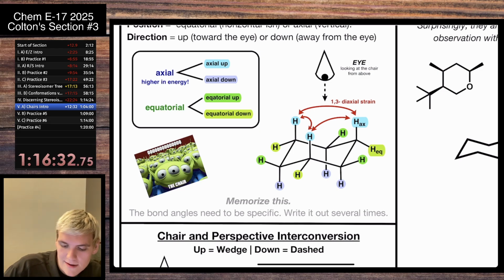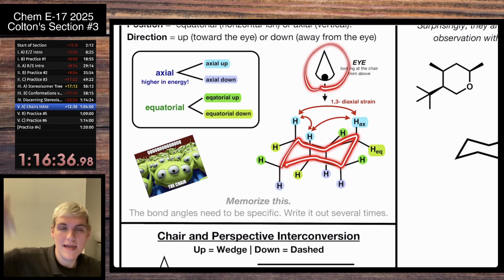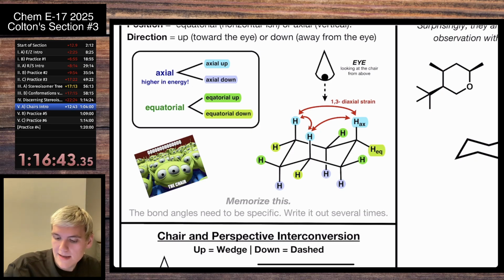Well, when we have a chair, we can imagine a perspective where there's this kind of God eye looking down at the chair from above. And if we look at the chair for any given carbon, do you see how one of the positions is going to go towards the eye and one of them is going to go away from the eye? Like this one's going up, this one's going down.